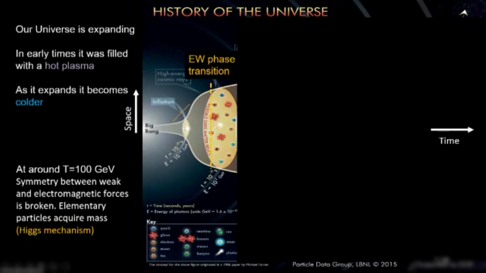Before we had a soup of constituents, and then particles acquired their mass. It's a phase transition, as you would expect from water becoming ice or vapor becoming ice. We don't know if it's first order or second order, but it's a transition into the particles that we know today.